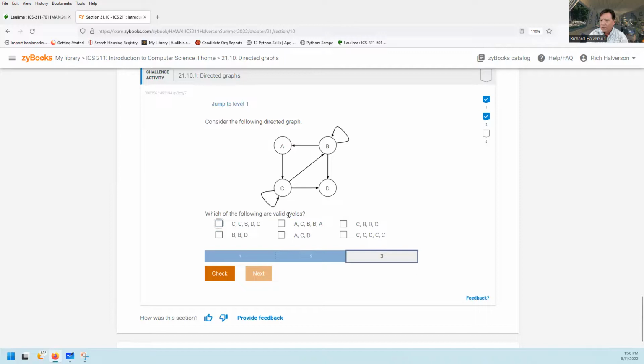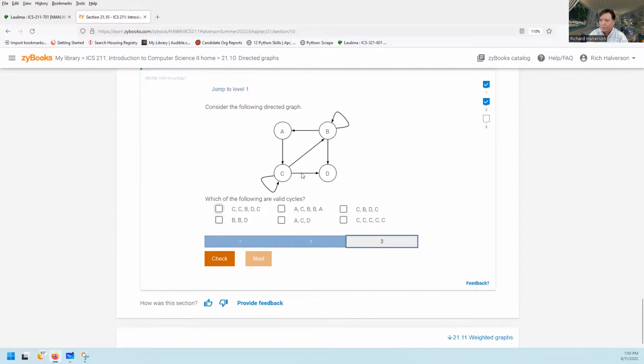Consider the graph. Which of the following are valid cycles? All right, D, C, D. No, it can't go from D to C, so that's not valid. A, C, B, B, A. Yes. You go from A to C, go from C to B, and go from B to B, and go from B to A, and starts and ends at the same place. So that's the valid one. How about this one?